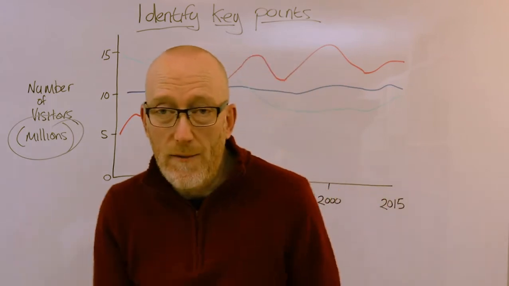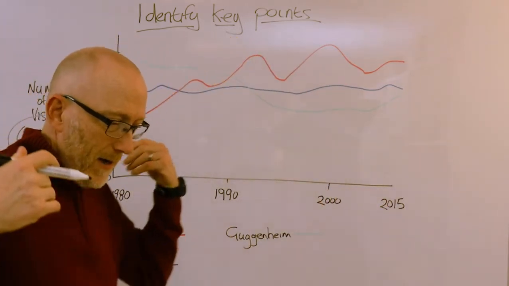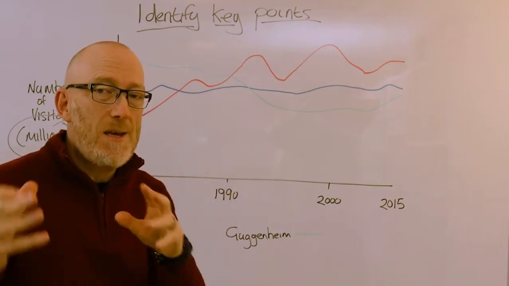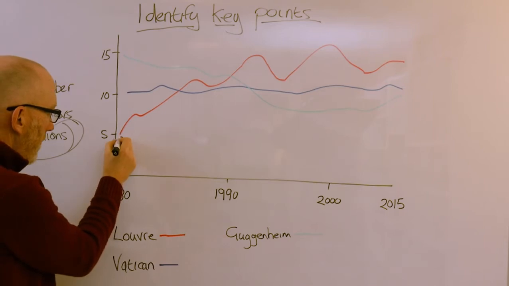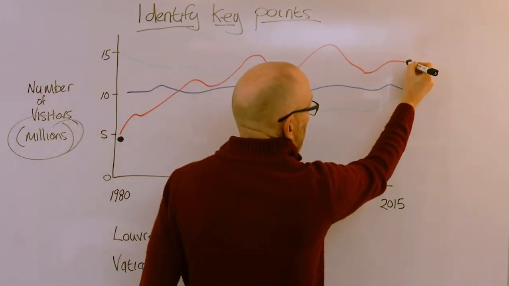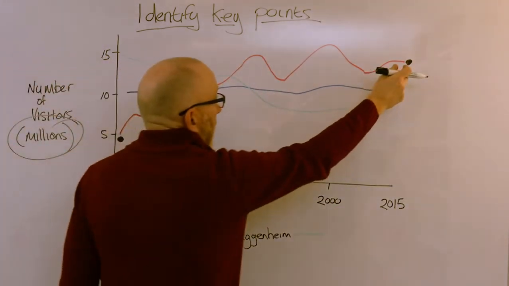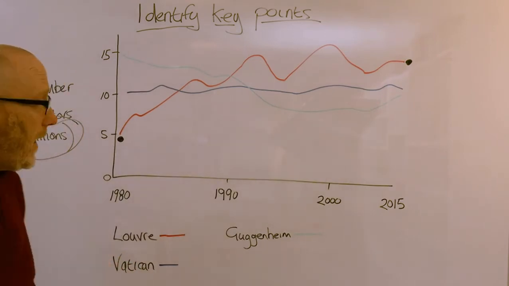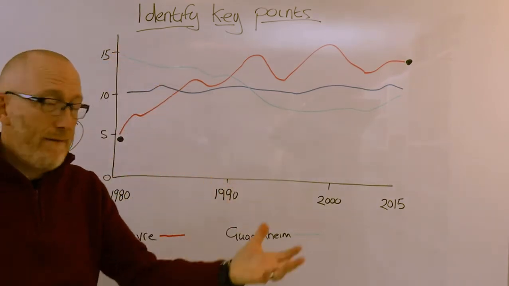Now, other key points on a graph or a chart would possibly be, and I'm just giving you suggestions, some easy places to start. Okay, the beginning and the end of something. Yeah? The beginning and the end. In this case, we actually have 3 different lines showing different information.